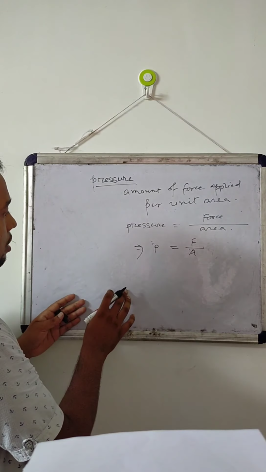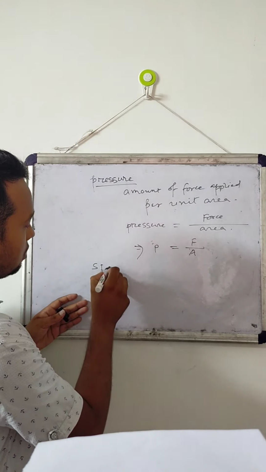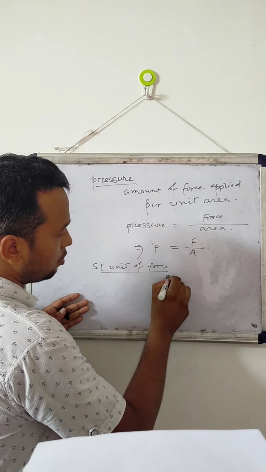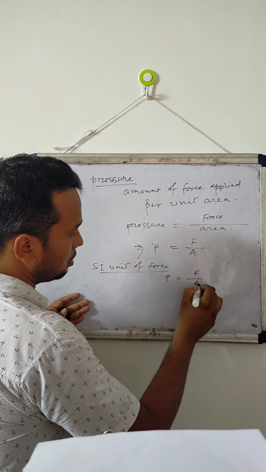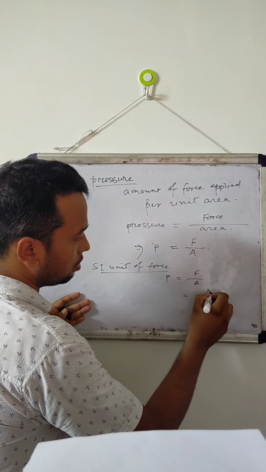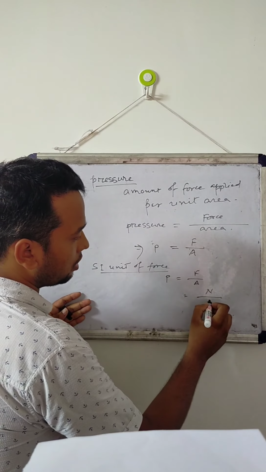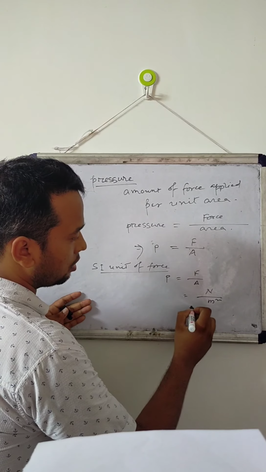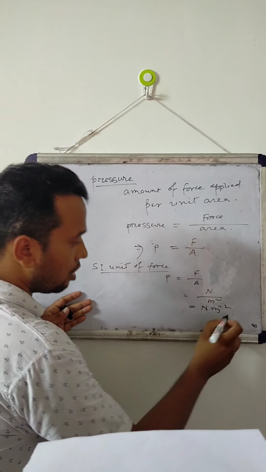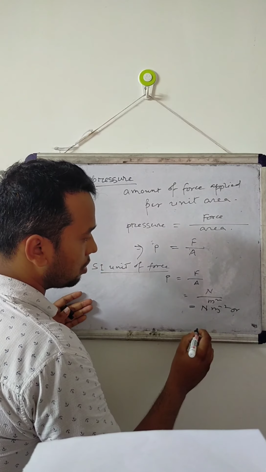Next, the SI unit. Pressure equals force by area. The SI unit of force is Newton. The SI unit of area is meter square. That means Newton per meter square.